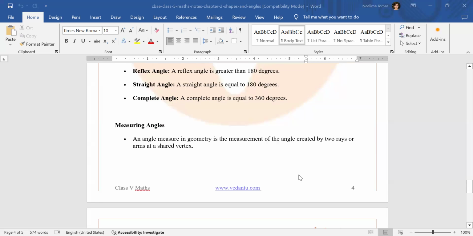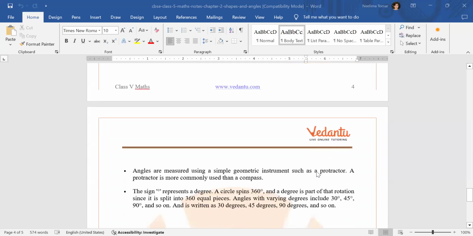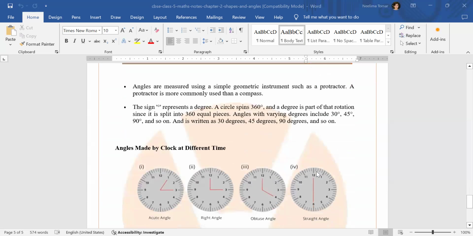Now measuring angles. An angle measured in geometry is the measurement of the angle created by two rays, or you can say two arms, at a shared vertex. Now where the two arms meet, or you can say where the two rays meet, that point is called the vertex. So angles are measured using a simple geometric instrument such as a protractor.